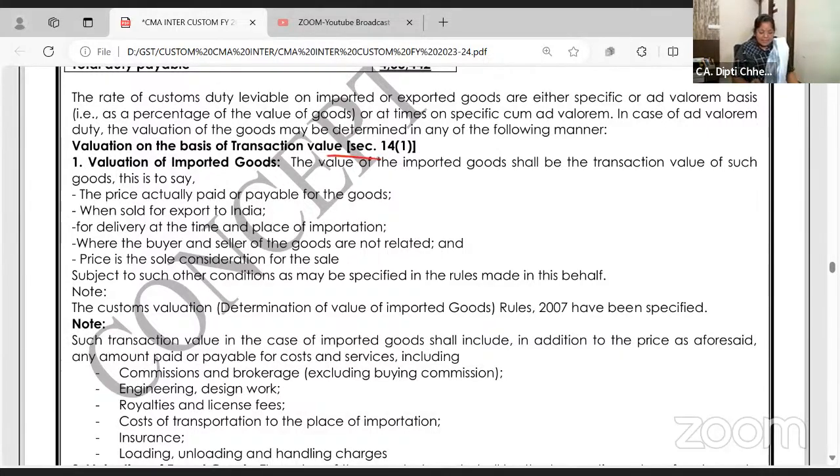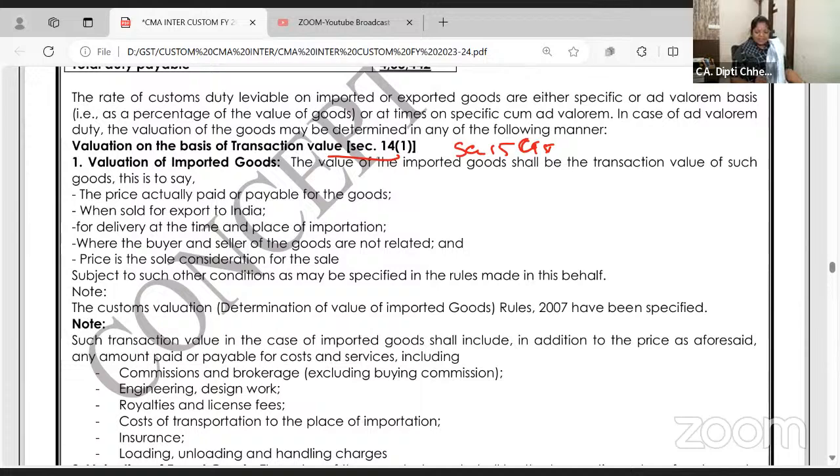You can take up transaction value, after adding and deducting, or you can take up the tariff value. Transaction value is considered. This is exactly like Section 15 of the GST Act.